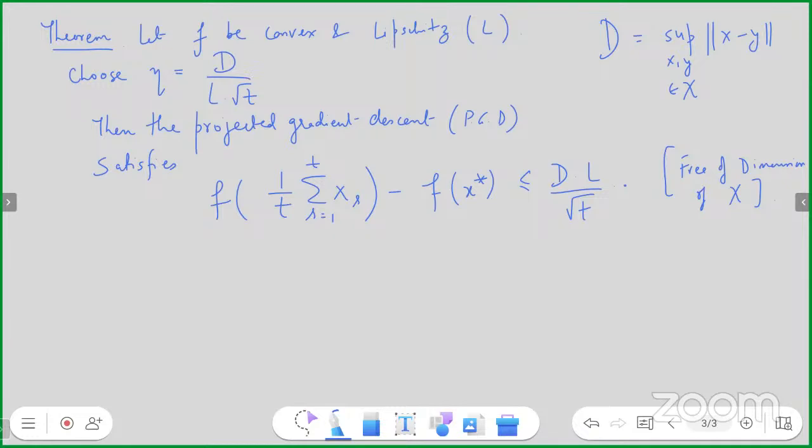All right, so how do I prove something like this? It is in fact elementary. We've done similar things for the unconstrained case.